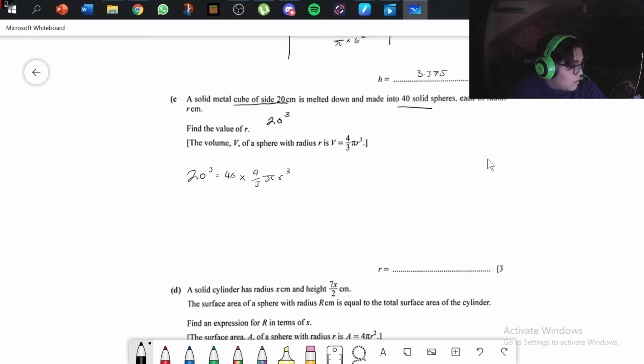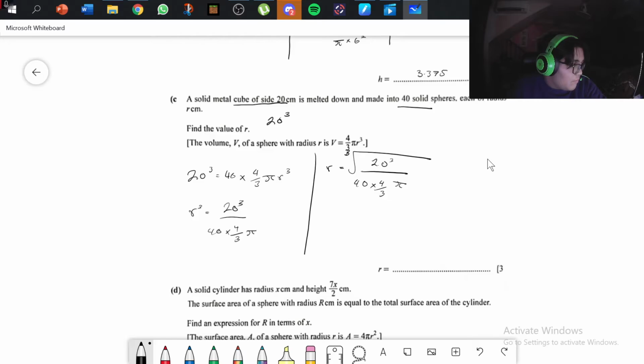Then you make r cubed the subject: 20 cubed over 40 times 4 over 3 pi. Then you find the cube root of it, the cube root of 20 cubed over 40 times 4 over 3 pi.